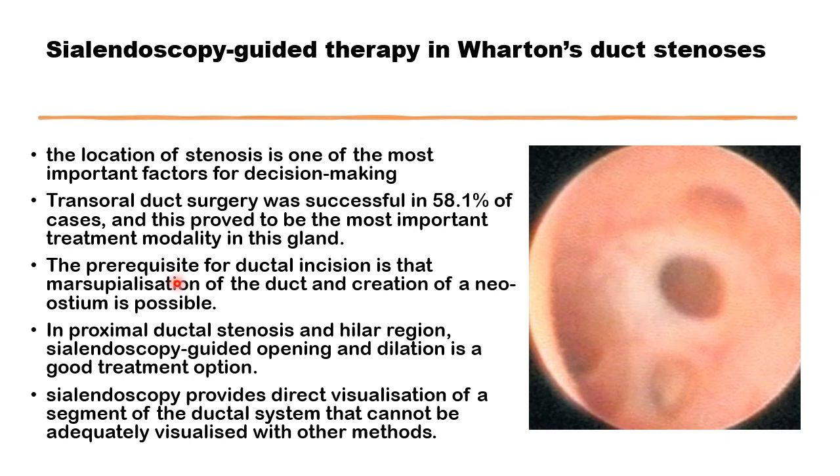But the prerequisite for this choice is that the marsupialization and creation of the new ostium can be achieved through the oral cavity. If the stenosis is proximal to this, closer to the gland itself or in the hilar area, then sialendoscopy will be required for opening and dilatation in an attempt to preserve the gland.